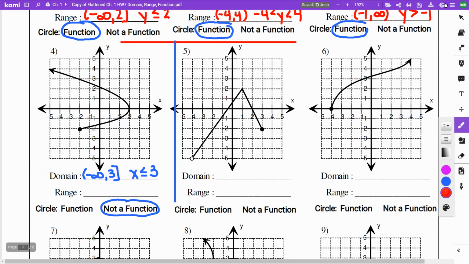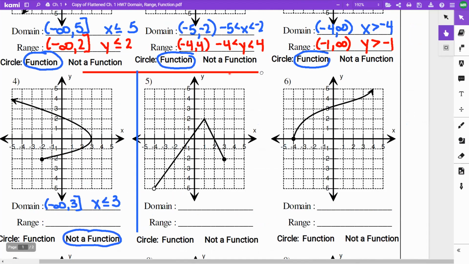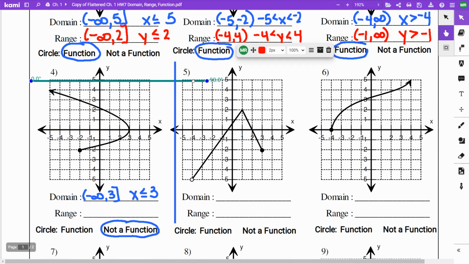And then if I'm looking at my range, the lowest the graph goes is going to be here at -2. It does stop here, okay? And that is going to be included. And then as I go up, the arrow here, not only is it going to the left, but as it goes to the left, it's also going up.